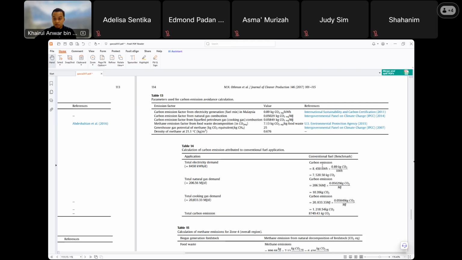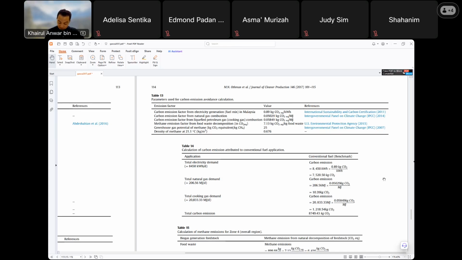Yeah, this one. So this value 0.89 is coming from the table 13 factor. So this value is coming from this factor, like US EPA, we have IPCC. So just finish it.